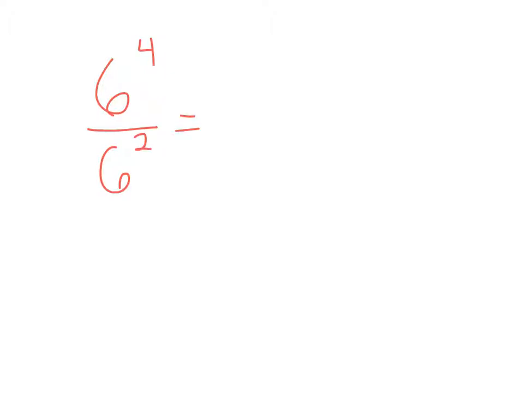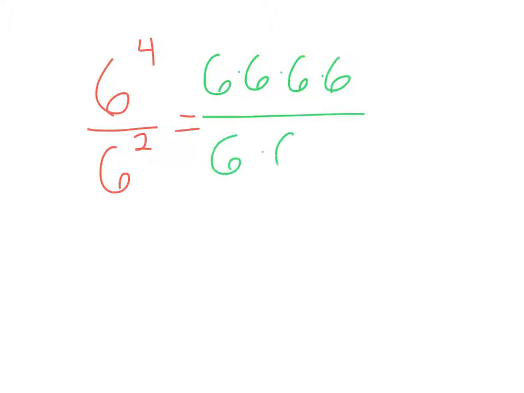Remember, exponents mean multiplication, so this means 6 times 6 times 6 times 6, and then I'm dividing by 6 times 6. What happens when I've got the same number on the numerator and the denominator is that the same numbers can cancel out, and it leaves me with these two left over on the top, which would just be 6 to the 2nd power.